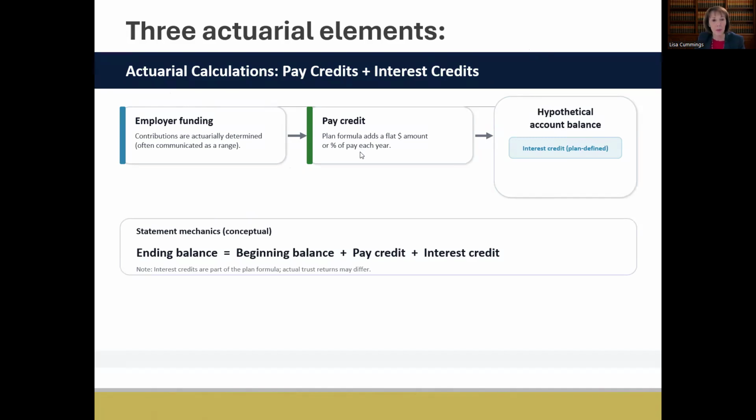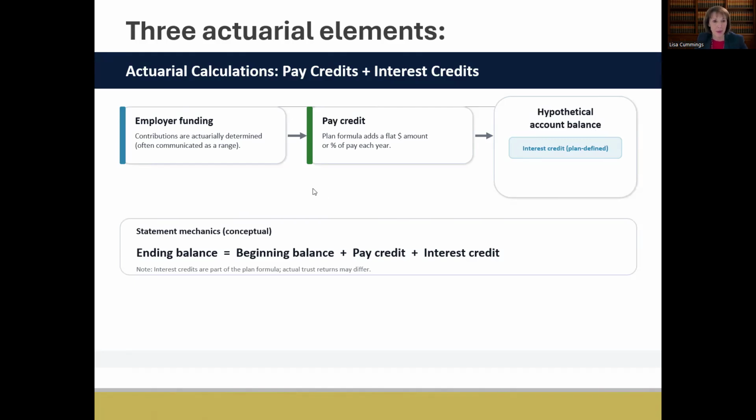So this is where the plan formula will add a flat dollar amount or a percentage of each individual's pay. And then there is also this element of the interest credit, which is defined in the plan to provide on an annual basis to each plan participant a hypothetical account balance.